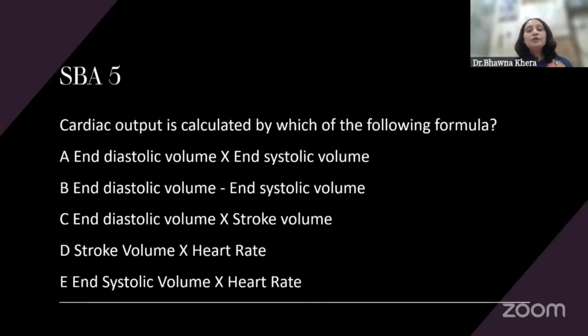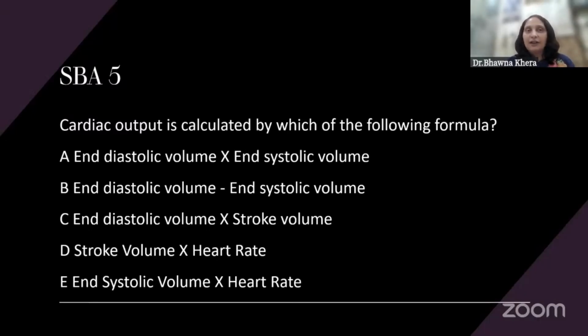Now, I move on to the next question. Cardiac output is calculated by which of the following formula? Is it the end diastolic volume and systolic volume, or the end diastolic volume minus end systolic volume, or is it the multiple?